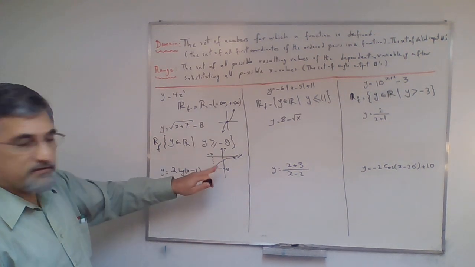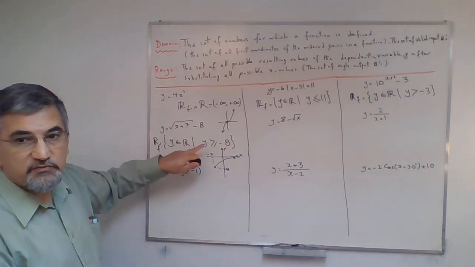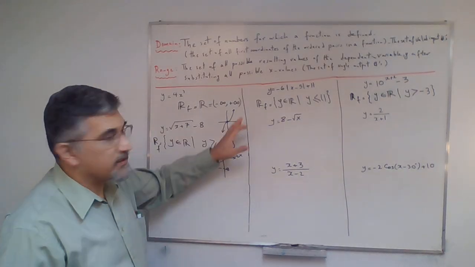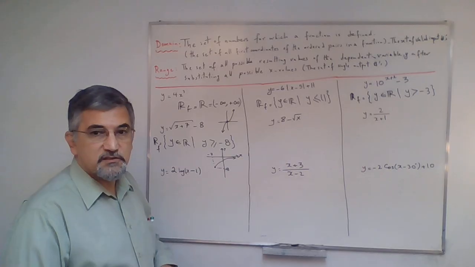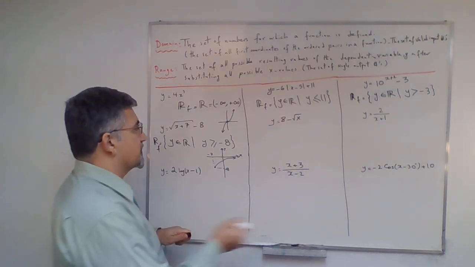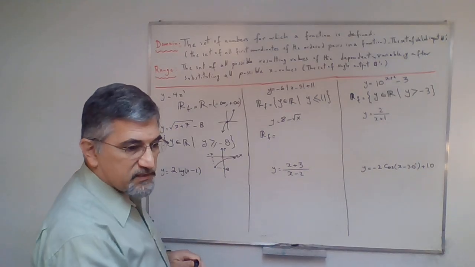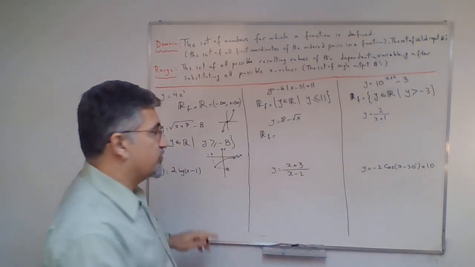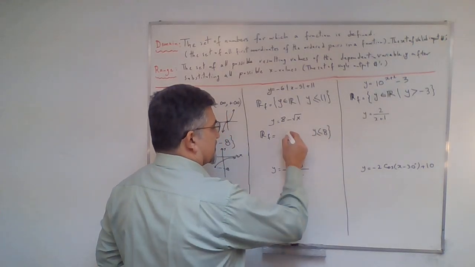So the whole graph is above -8, clearly. That's why we say y is greater than or equal to -8. As I said, you have to sit down and graph all of these so that you can visualize the range of the function. For this one, we have a reflection in the x-axis, and then a vertical shift up 8 units, so everything would be below 8. So y is less than or equal to 8, basically.